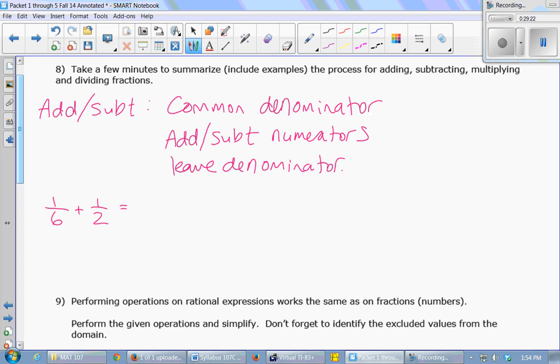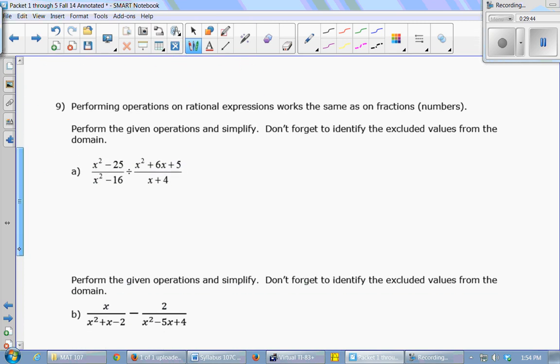To make my common denominator, I'm going to take the 1/2 and multiply by the foo-foo, 3 over 3. And so you end up doing 1/6 plus 3/6, which is 4/6, or 2/3. Is that okay?